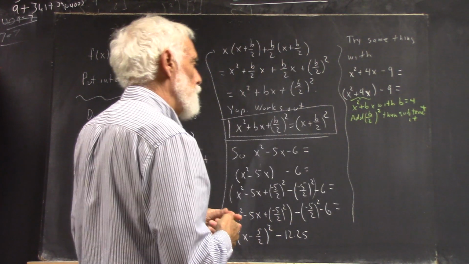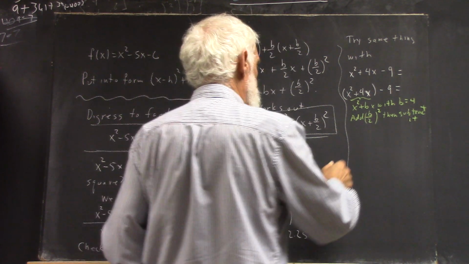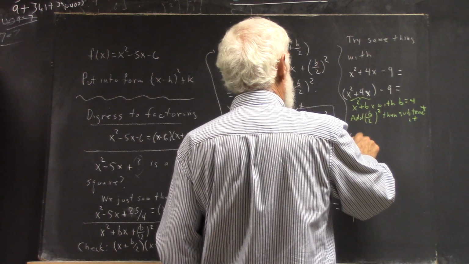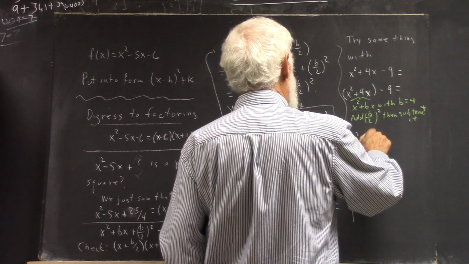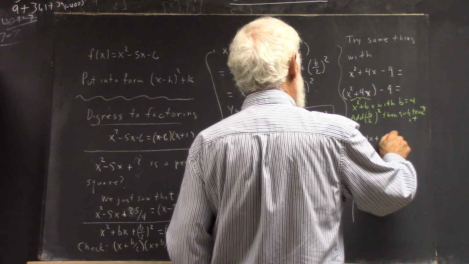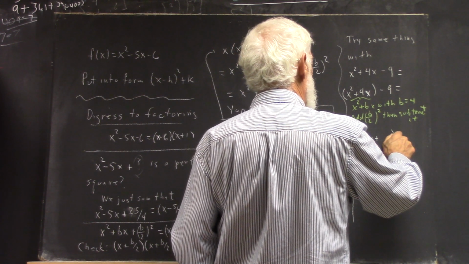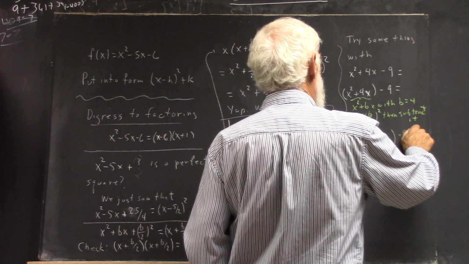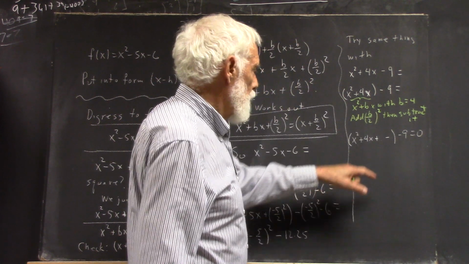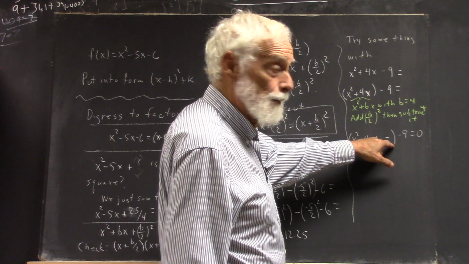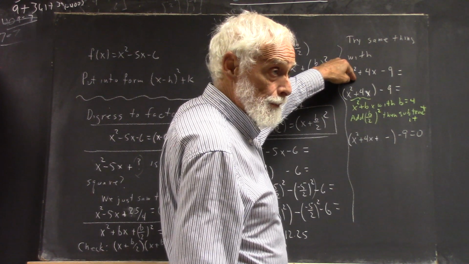We're going to add b over 2 quantity squared, then subtract it. So we have x squared plus 4x plus something minus 9 equals 0. And whatever we add, we've got to subtract so we don't change this.